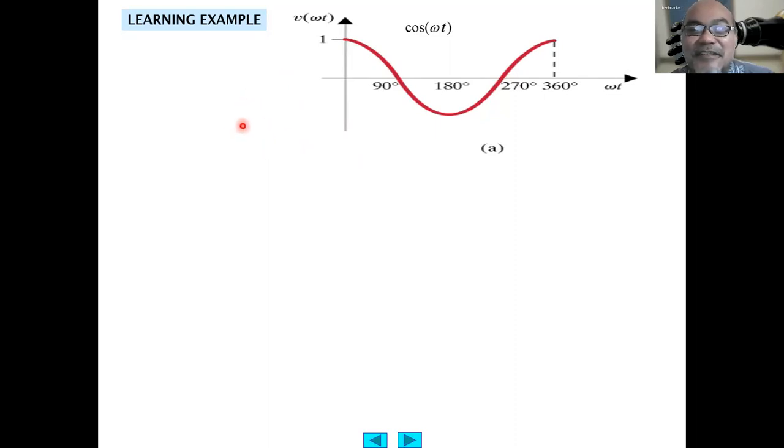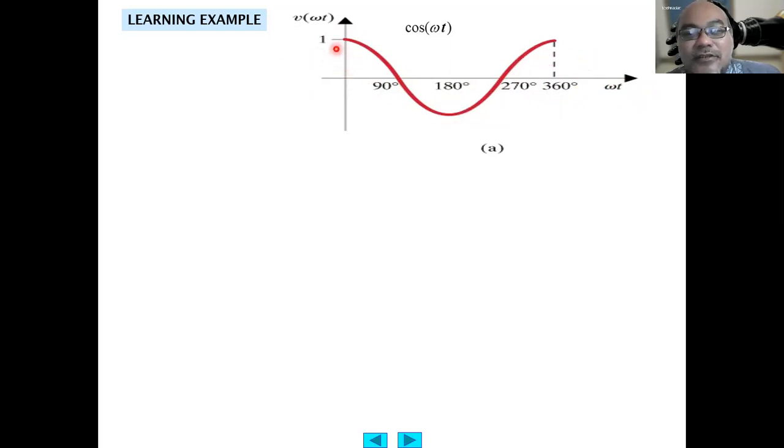Anyway, let's give some learning examples. Here, for example, we have a cosine function. The x-axis is dimensionless, because it is already in the form of phase rather than time. But now we use degrees instead of radians: 90, 180, 270, and 360 degrees. So cosine omega t is drawn like this.